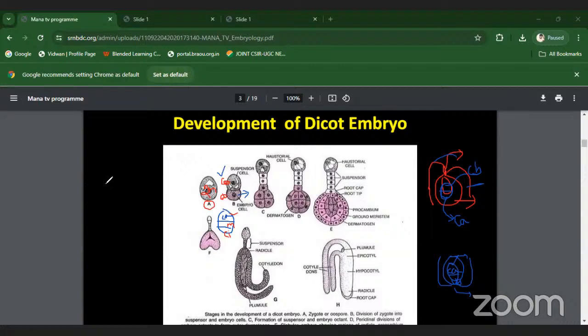Before that, remember that the apical cell CA divides longitudinally in the two-celled embryo, and the basal cell CB may not play an important role. It may be completely absent in cruciferous type.